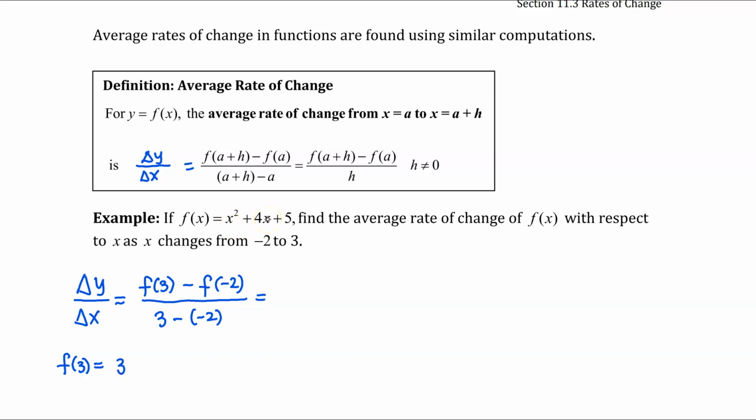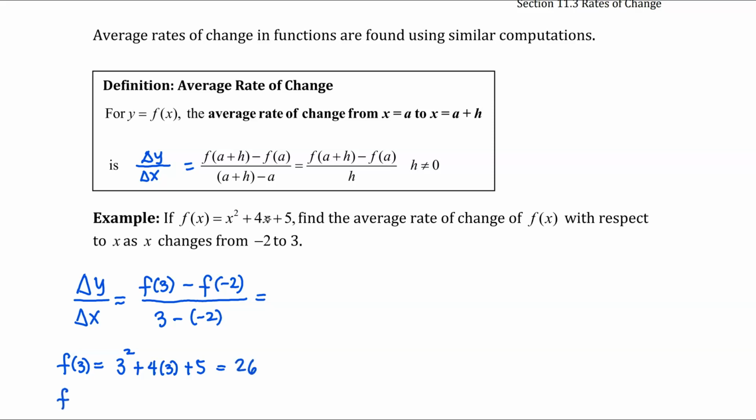So you have 3 squared plus 4 times 3 plus 5. Now 3 squared is 9, plus 4 times 3 is 12. That is equal to 21, plus 5 is 26.